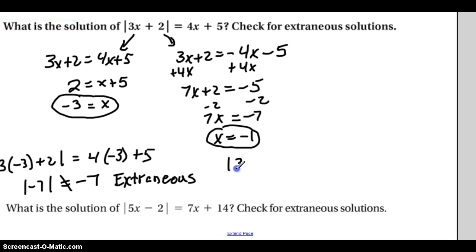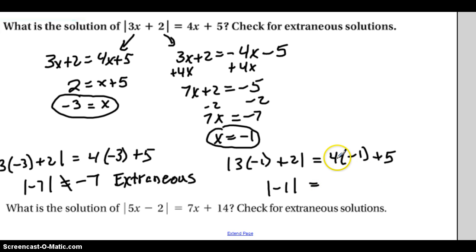Let's check the next one. Absolute value of 3. This is going to become -3 plus 2. That's going to be -1.